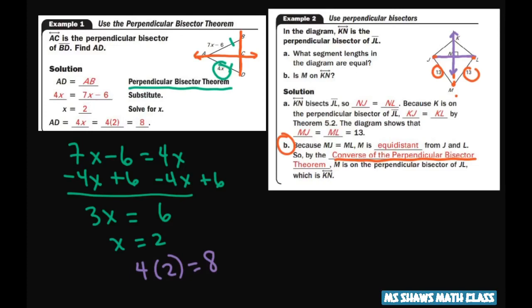So NJ equals NL. And because K is on the perpendicular bisector, then these two sides are the same. And KJ equals KL. And the diagram shows that MJ right here equals ML.